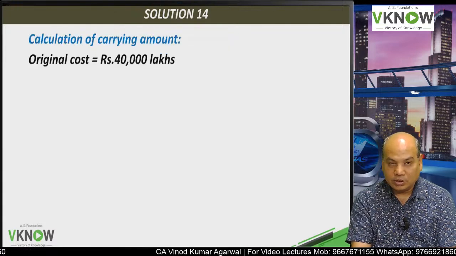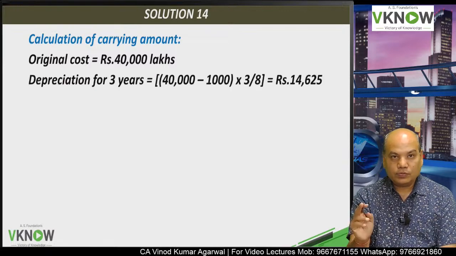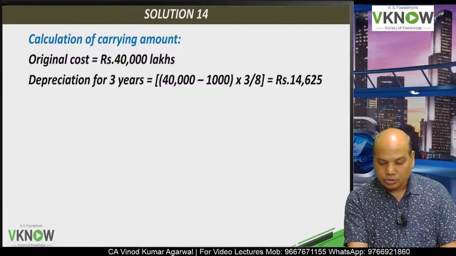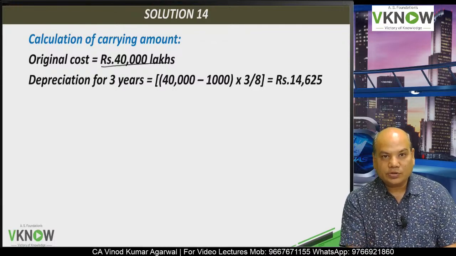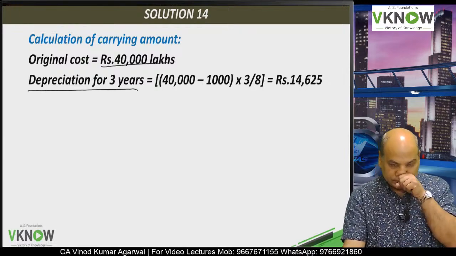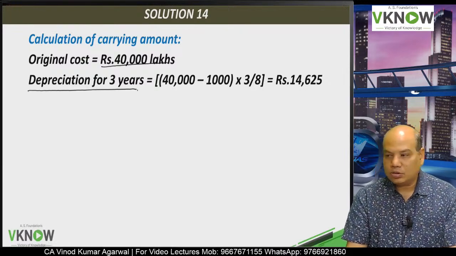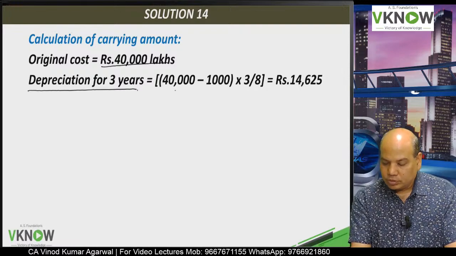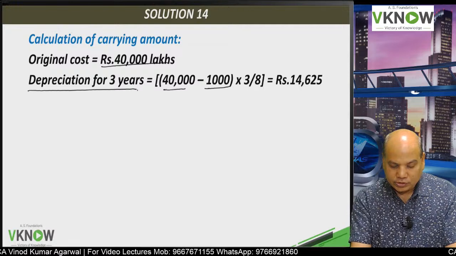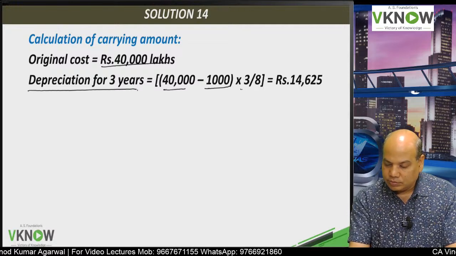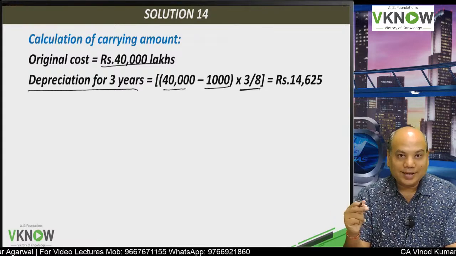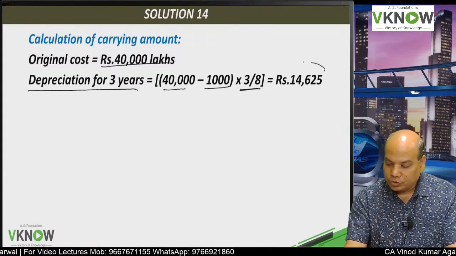Second, what is carrying amount? So for carrying amount, I need to depreciate for 3 years. Original cost was 40,000 lakh. Depreciation for 3 years: cost 40,000 minus residual value 1,000 into 3 years over divided by 8 years useful life.